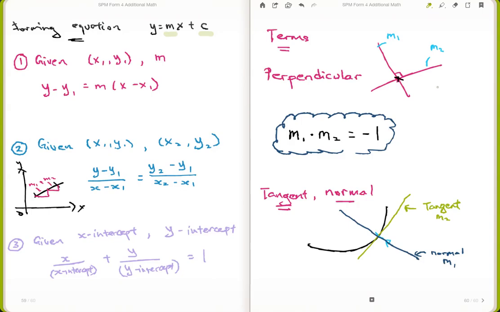Then, if they cross at P, this point, meaning at P, it means they have a common point. It's a simultaneous equation to solve it. The tangent line, normal line, you solve them. A common x, a common y, then you should get the coordinate for P.